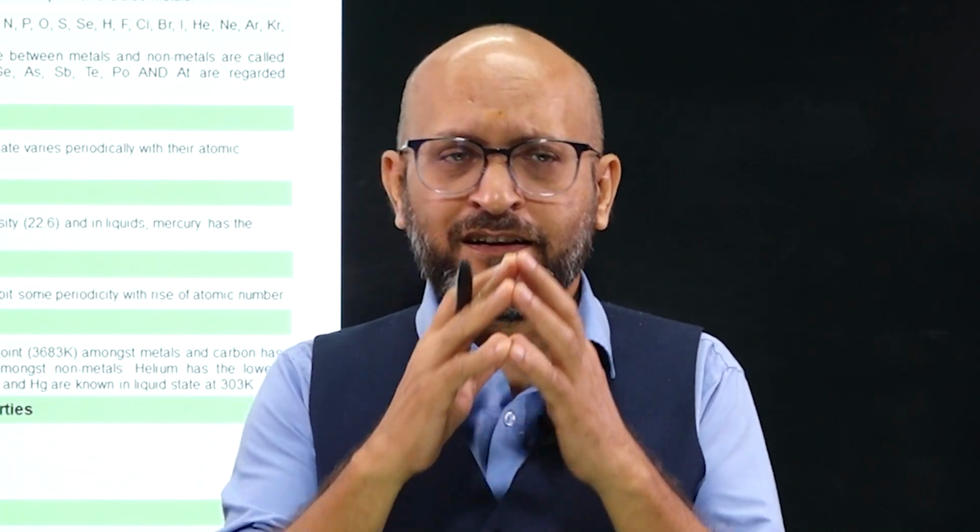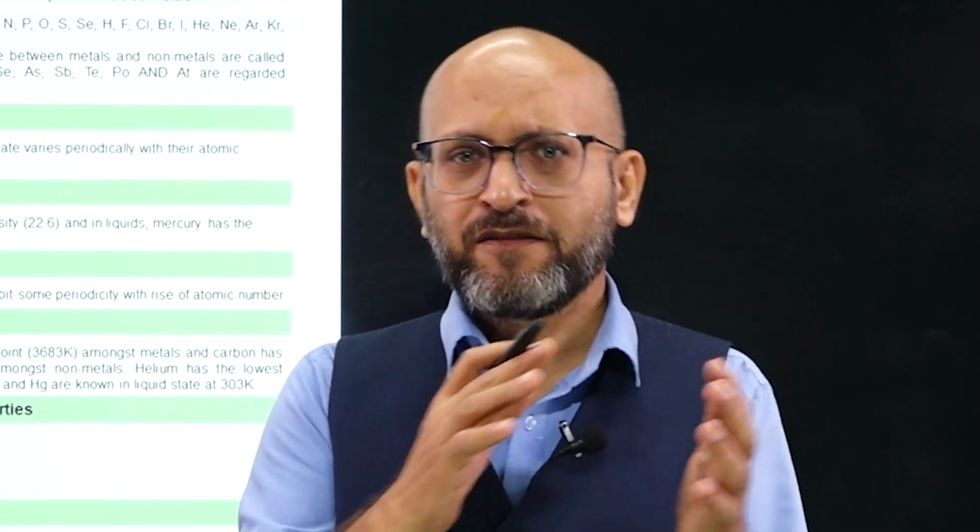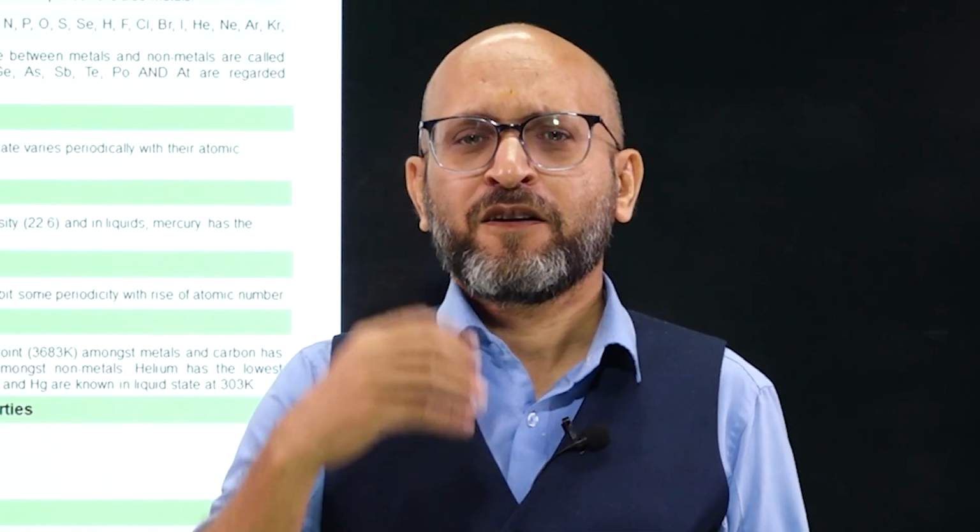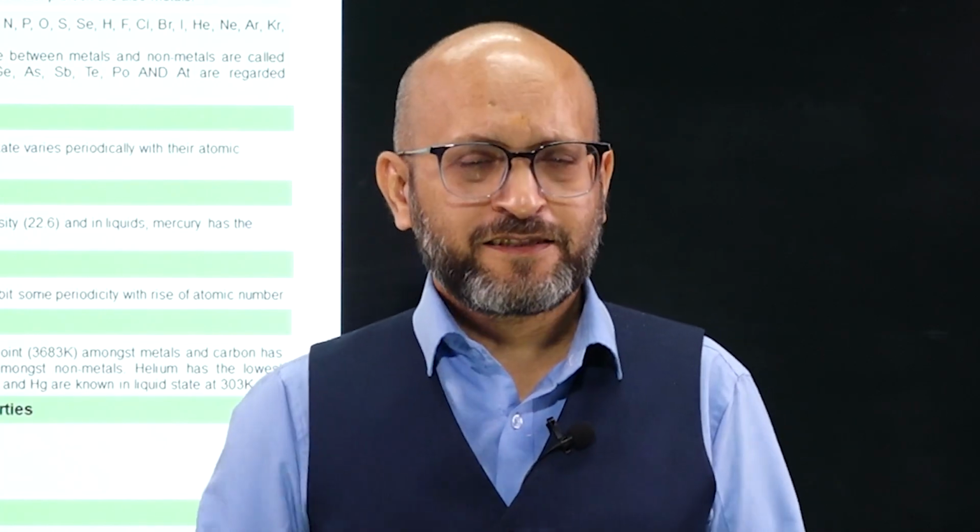Alright, then if you go ahead and study, you will find there are periodic trends in density, melting point, boiling point. As your atomic number increases, most of the time density does increase, and melting point, boiling point also have a particular trend.